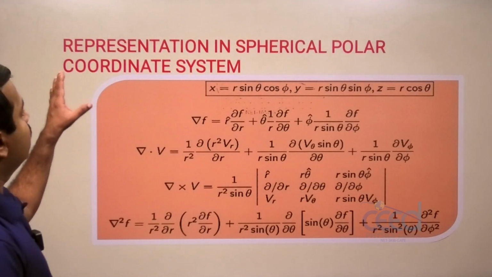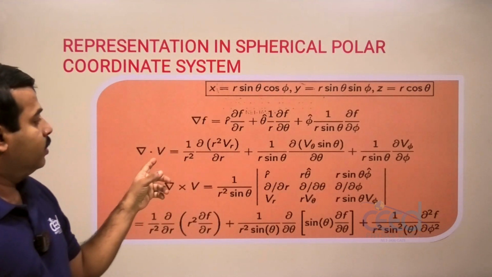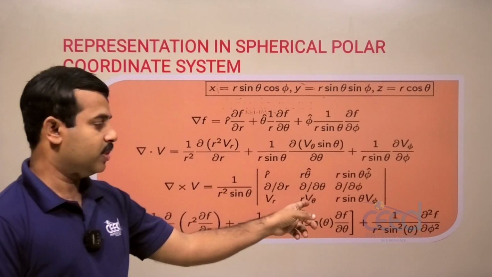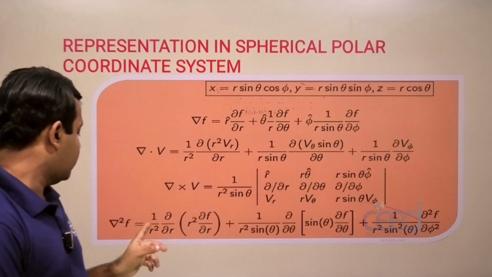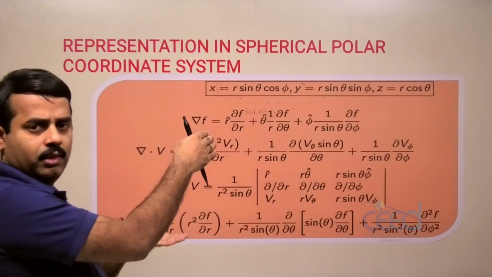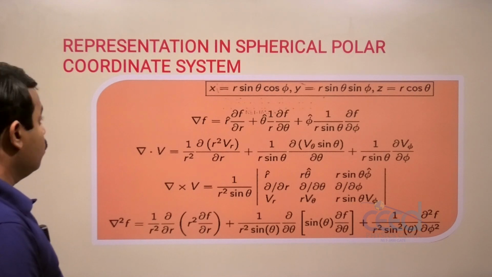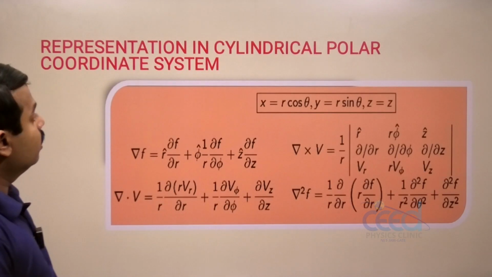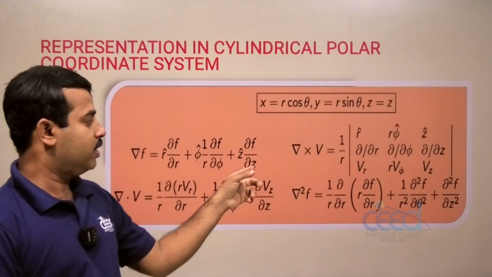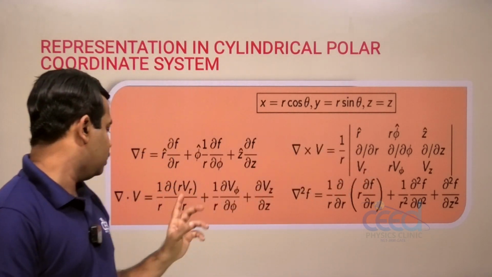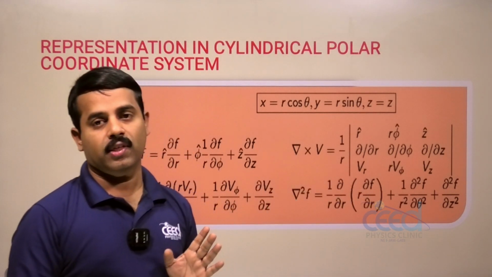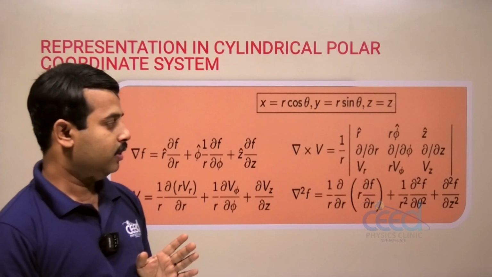Look here, in the spherical polar coordinate system, this is the divergence representation, this is the curl representation, which we already saw, and this is the Laplacian operator representation. Now in the cylindrical coordinate system, this is the gradient representation, this is the curl representation, this is the divergence representation, and this is the Laplacian operator representation.